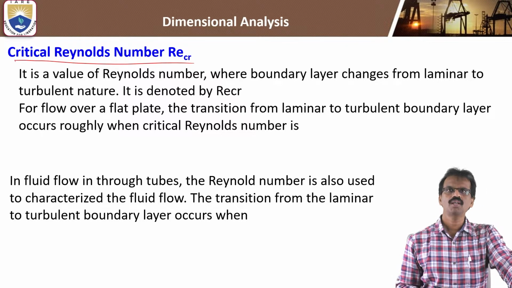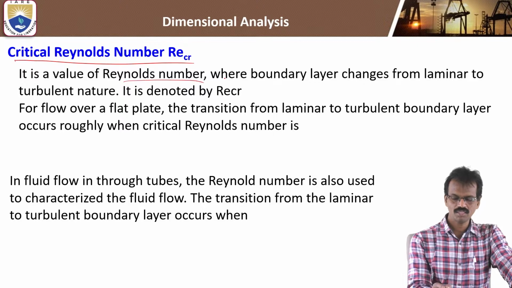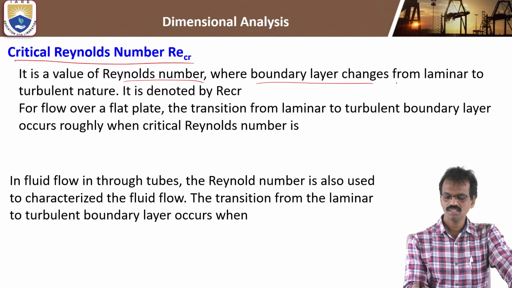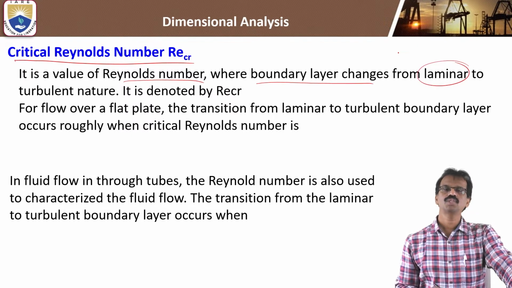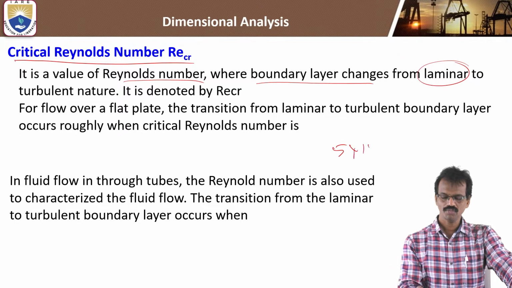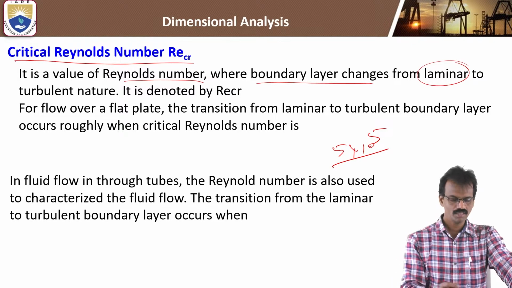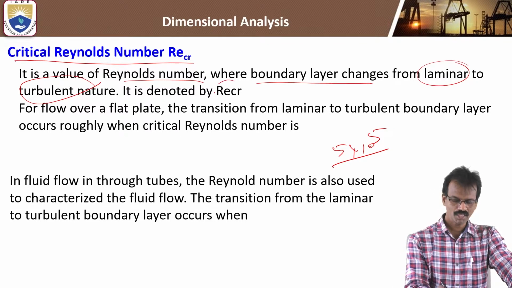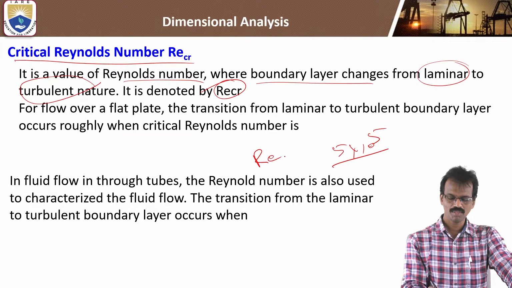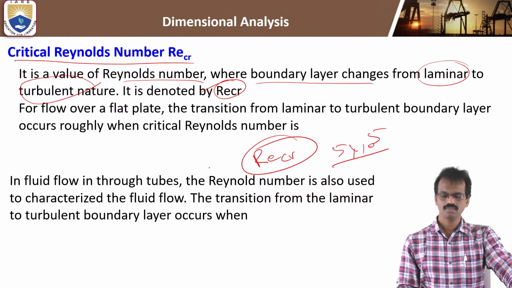The critical Reynolds number is the value where the boundary layer changes from laminar to turbulent. Up to 5 into 10 to the power of 5 it is laminar flow, and beyond that value it is turbulent flow. It is represented by the critical Reynolds number, 5 into 10 to the power of 5.